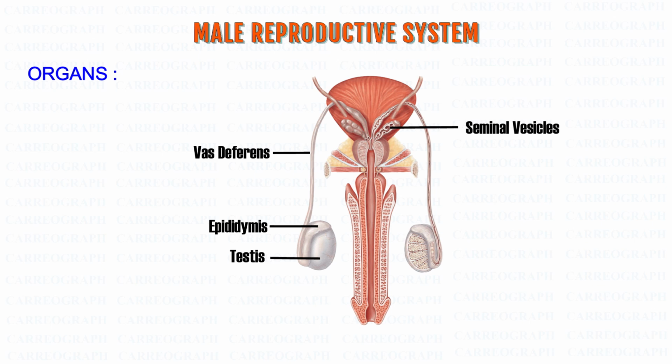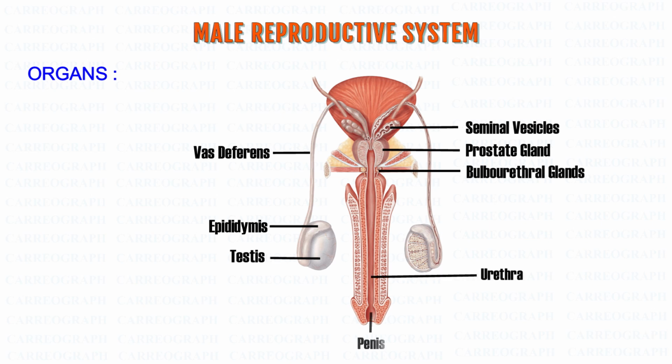And just below the urinary bladder, there is one gland which we call the prostate gland. Just below the prostate gland, there is a pair of bulbourethral glands. And the other two organs are urethra and penis.